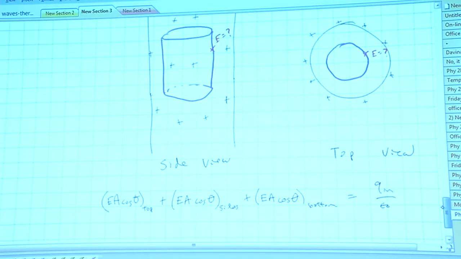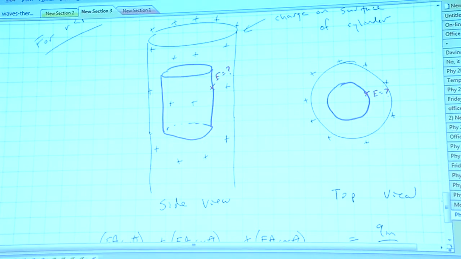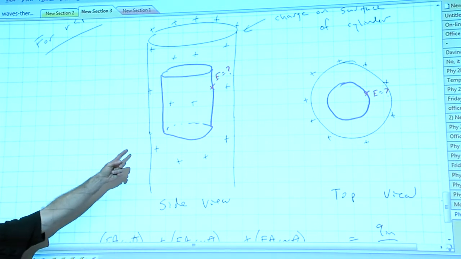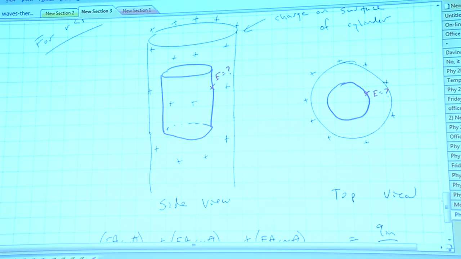And what's the Q inside of our Gaussian surface? 0, right? Our Gaussian surface, the blue cylinder, is completely inside of the other cylinder. It has no charge inside of it.